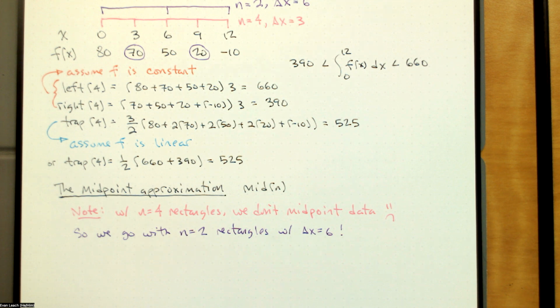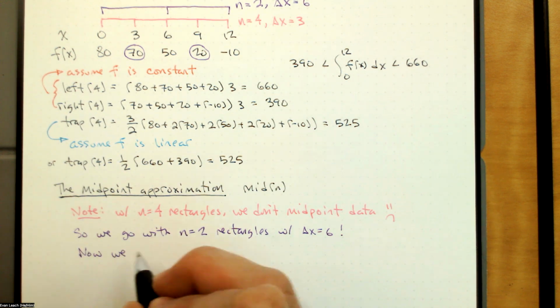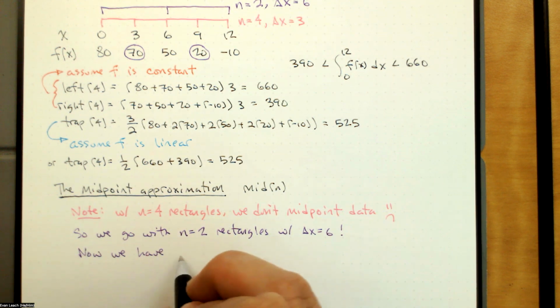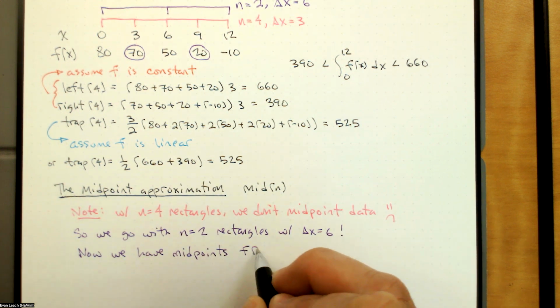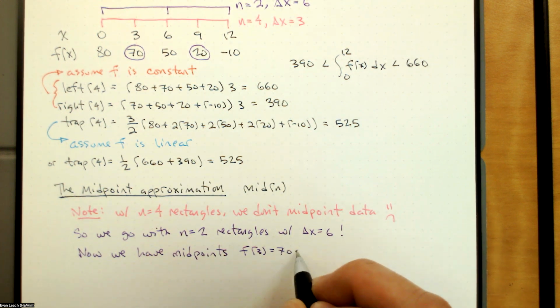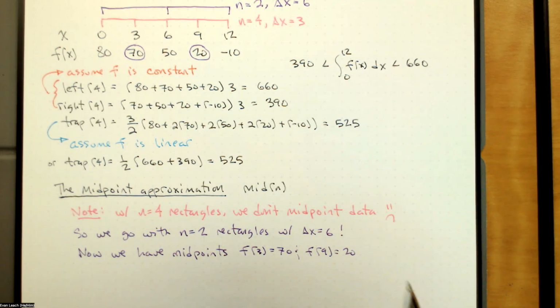So the reason that we did this is now we have midpoints. F of 3 is 70 and F of 9 is 20.